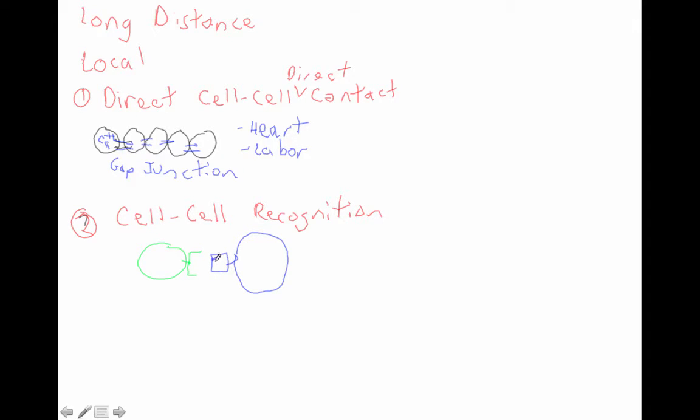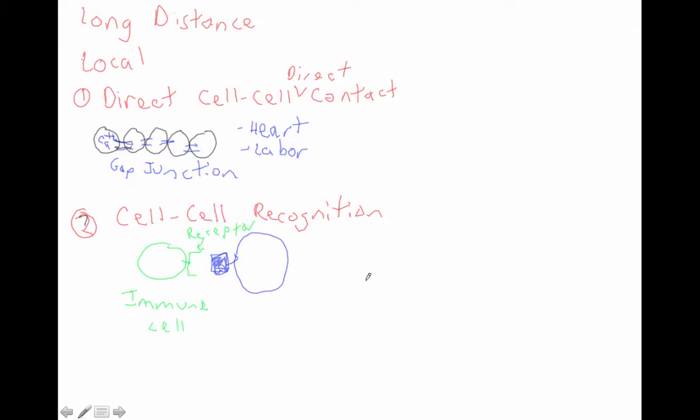That's going to easily be recognizable by this immune cell. In fact, let me label this as immune cell. Okay, so this immune cell, as I said before, has a receptor. So let's go ahead and just write the word receptor so we don't forget what that is. This is right here, the protein on the outside of the cell.